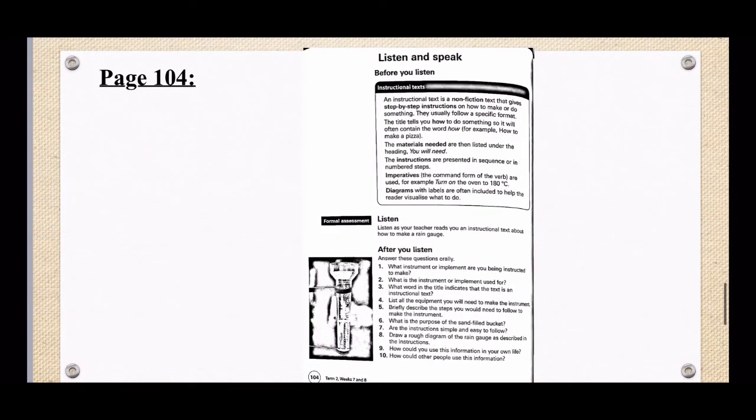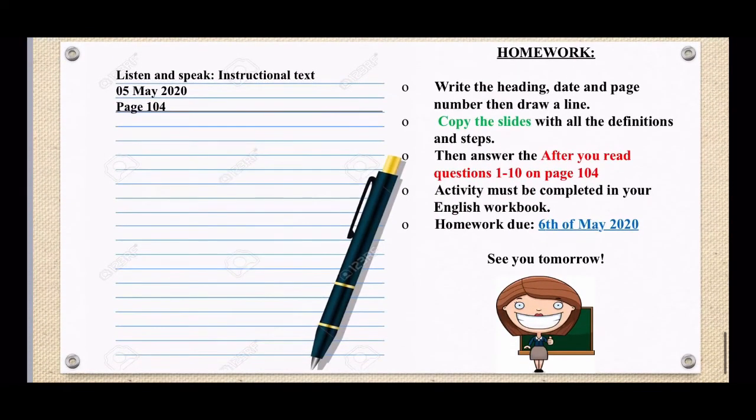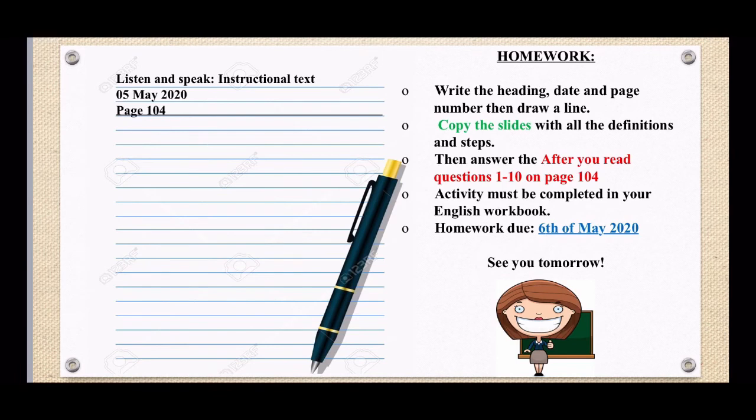Then we have the after you listen questions. You will need to answer all of these questions in your book, and that will be for homework. You will need to write the heading, date and page number, then draw a line.